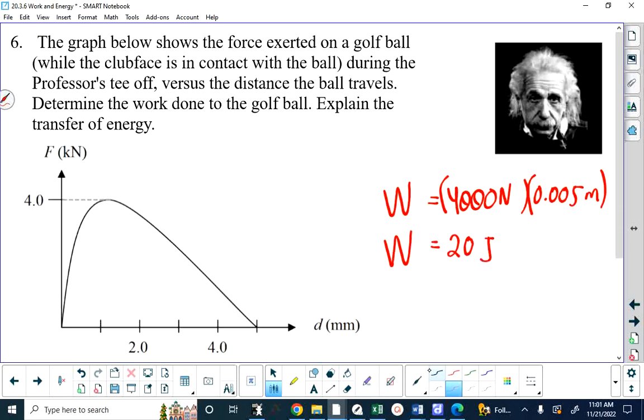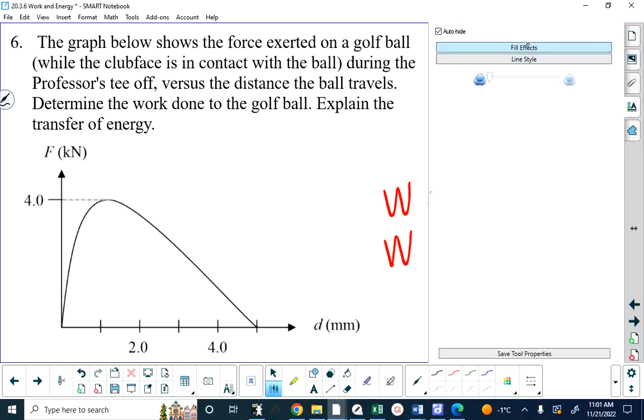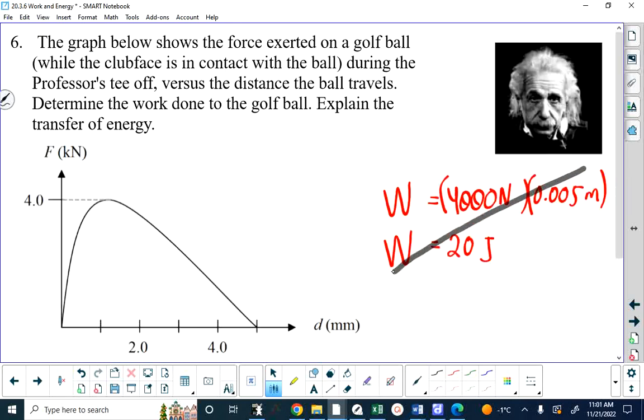So why is this wrong? Why is it wrong to do that? I tell you, work equals force times displacement.